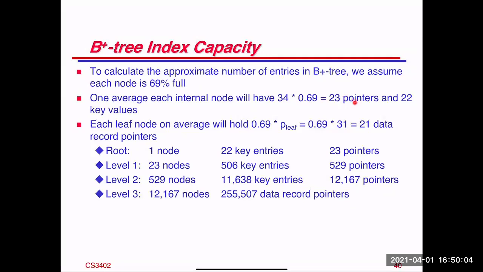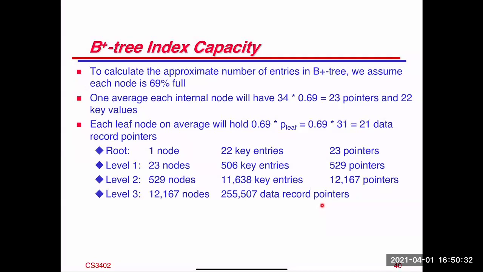we're using the fact that up here we said that each internal node will have on average 23 pointers. Okay, so we're assuming that this is true for all the internal nodes. So the point is, let's say if I want to store 255,000 data records in my database, right? Then I construct the B tree or I construct the B plus tree.